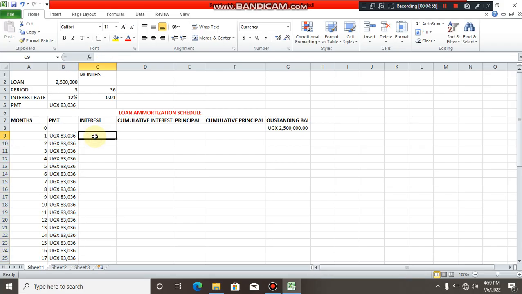Let's go to interest. Interest is charged on your outstanding balance, so it's going to be equal sign the outstanding balance times the monthly interest rate, right? I'm going to lock the constant one so that they can run automatically. The monthly interest rate is going to be constant, so I'm going to lock it.